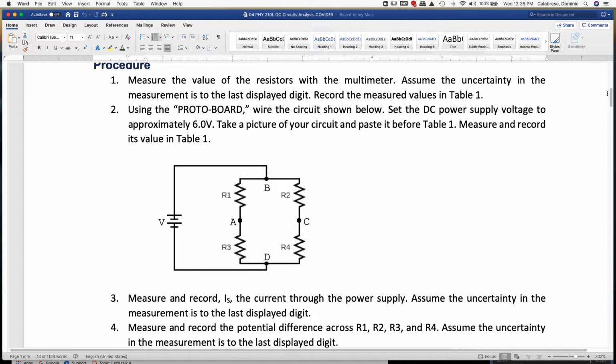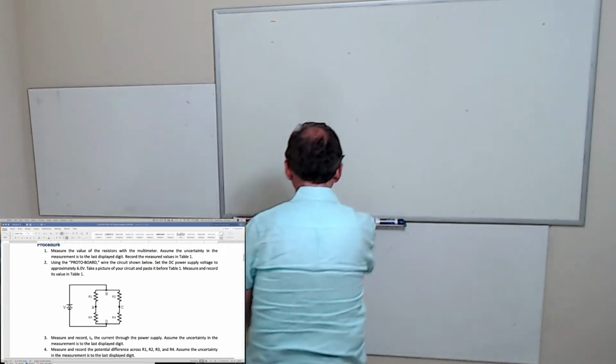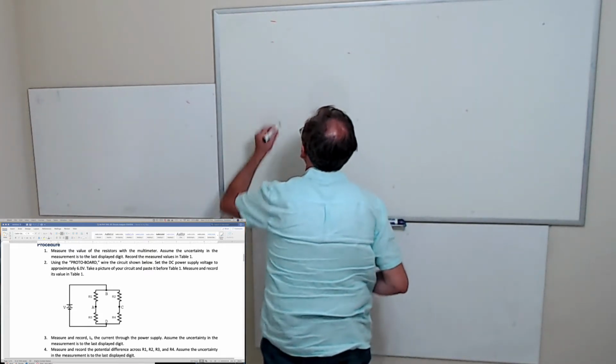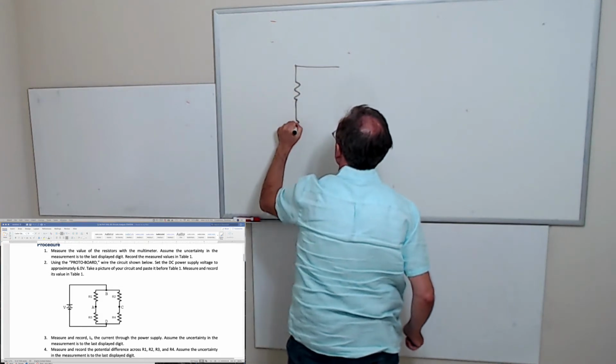So let me draw a picture of the circuit on the board. Let me switch views, sorry. You have 4 resistors.